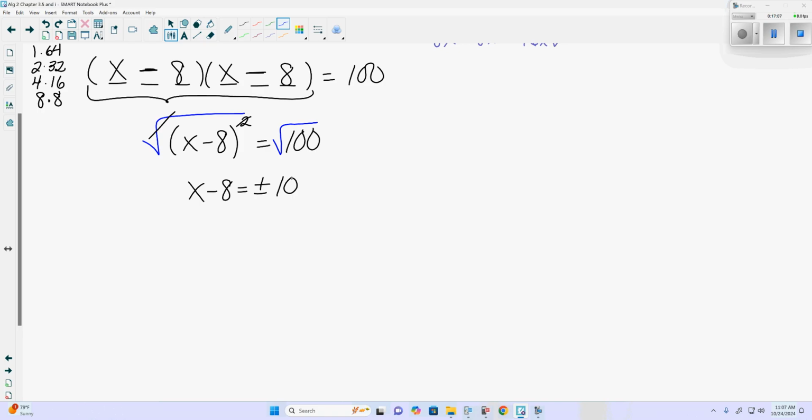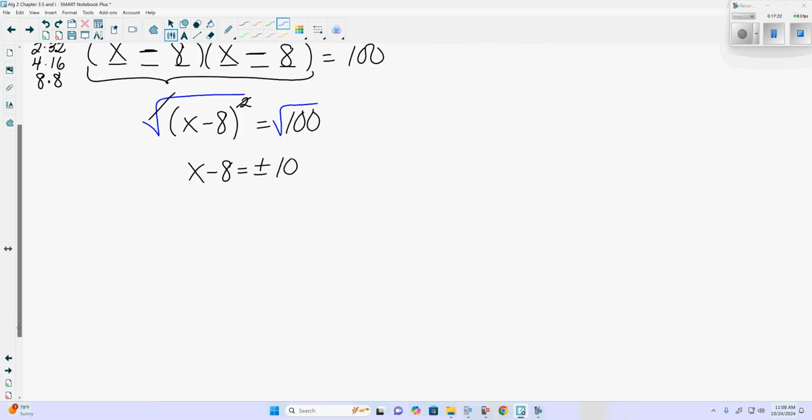So the reason, again, this is nice is that if I can rewrite the quadratic as a perfect square trinomial, rewrite it as a set of parentheses being squared, we can start solving any quadratic. Last thing we need to do is solve for x, solve for our variable. We would add 8, telling us x is equal to 8 plus or minus 10.